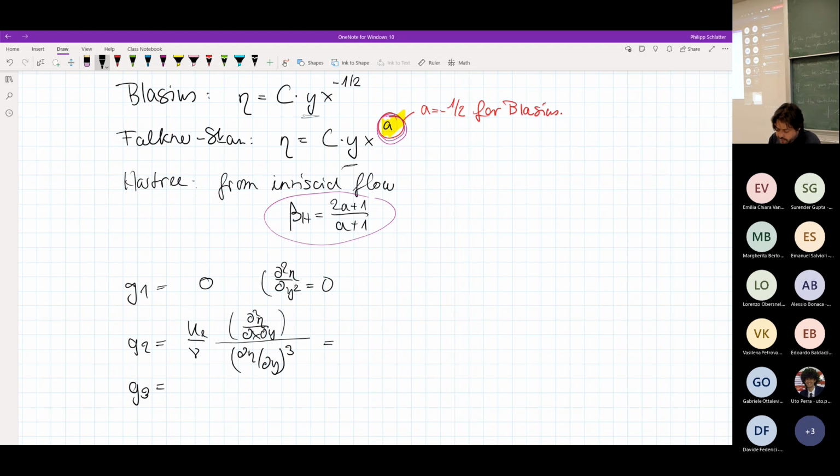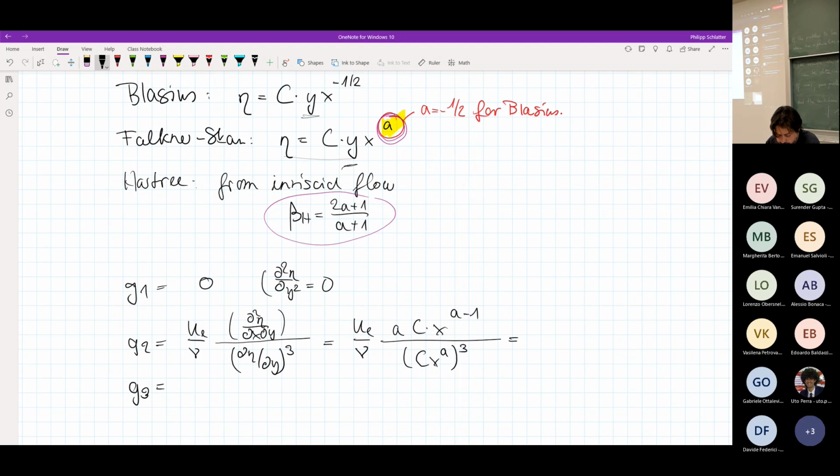Now we can feed in our Falkner-Skan ansatz, this eta as a function of y and x. If we do that, we get u_e divided by nu, and then for the numerator a times c times x to the a minus 1. So I'm just putting in all of these. And in the denominator, we get c times x to the a, up to the power of 3.